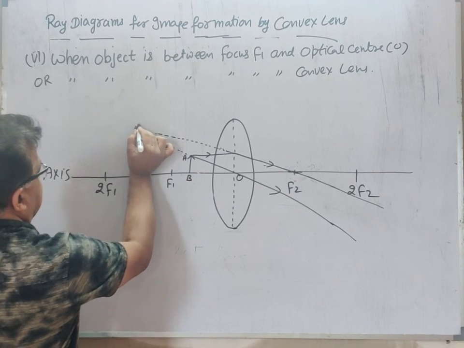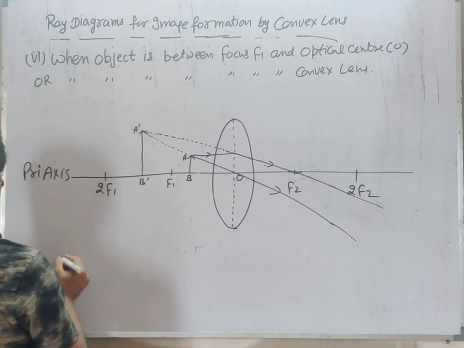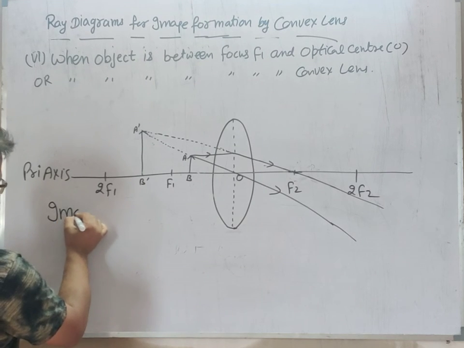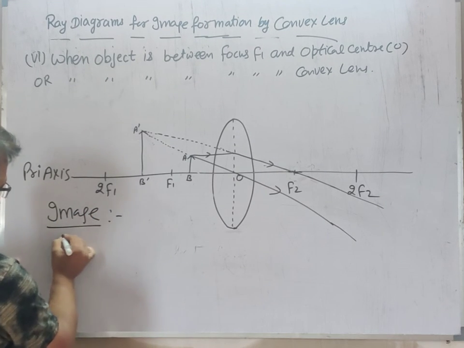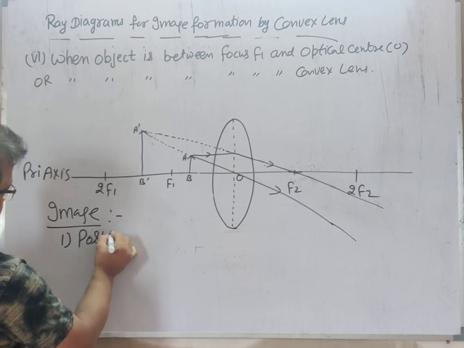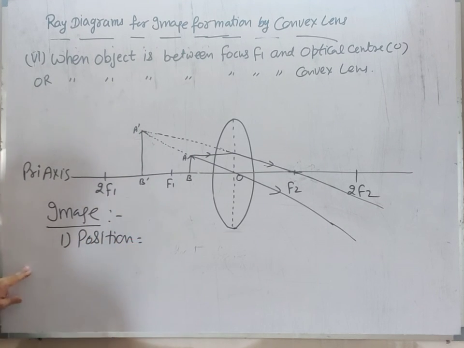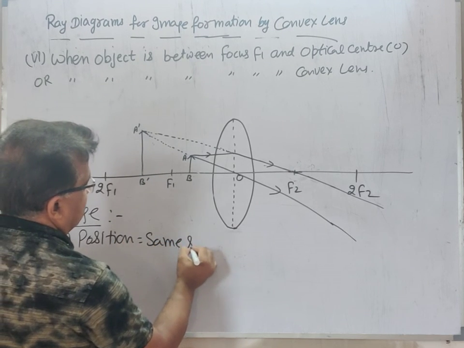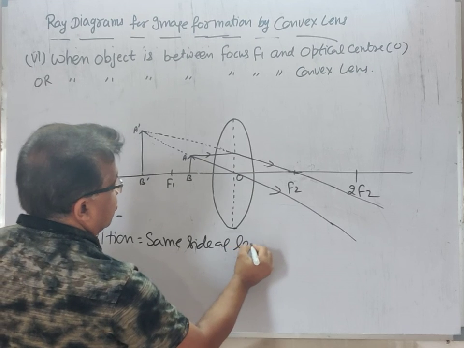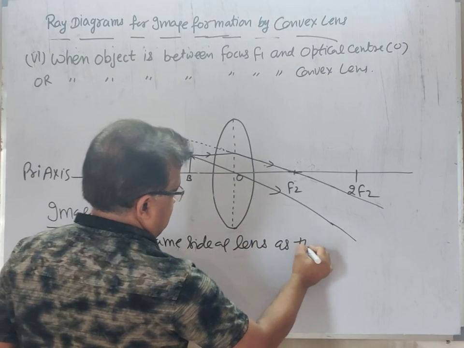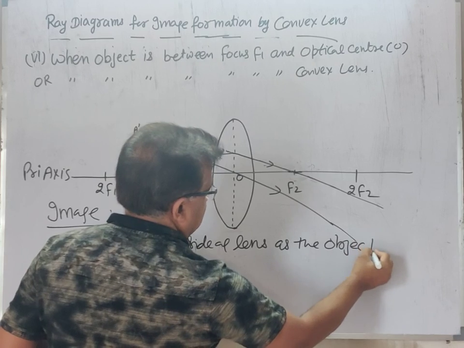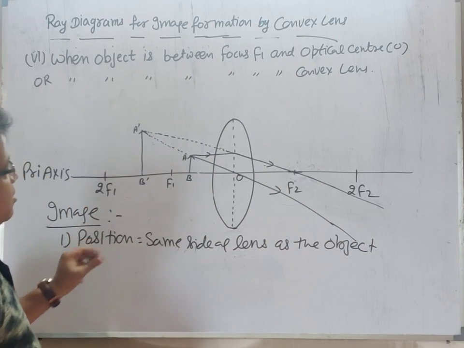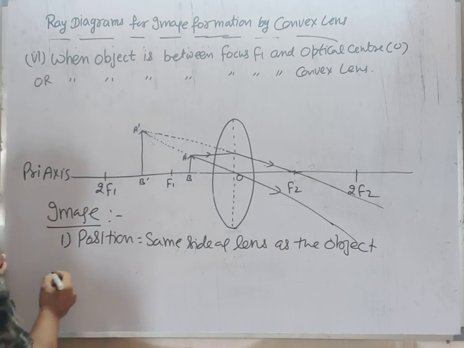We are observing it is the object, and it is the image. So the image formed, number 1, position: it is on the same side of the lens as the object, means the image is formed on that side where the object is.